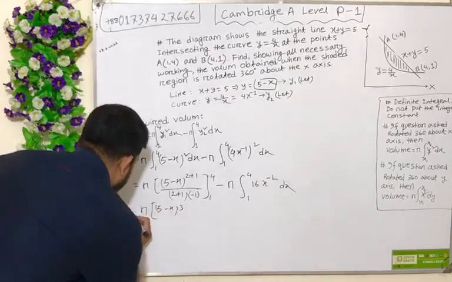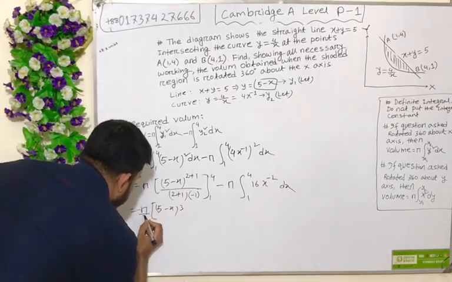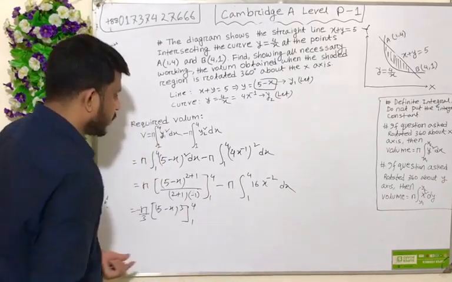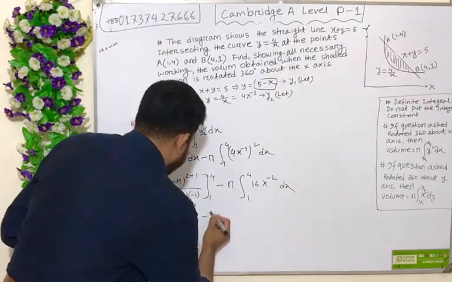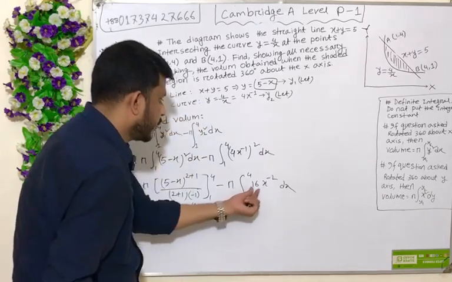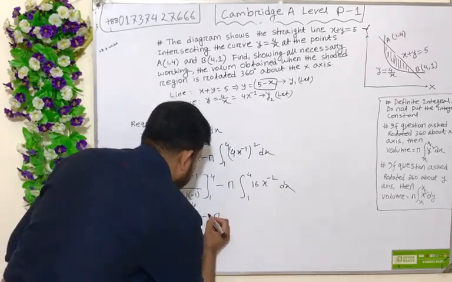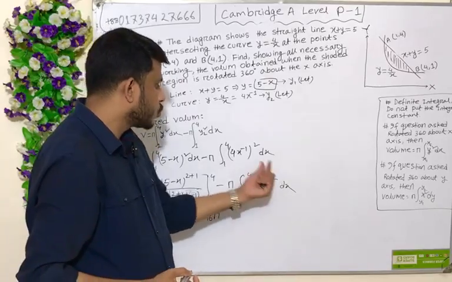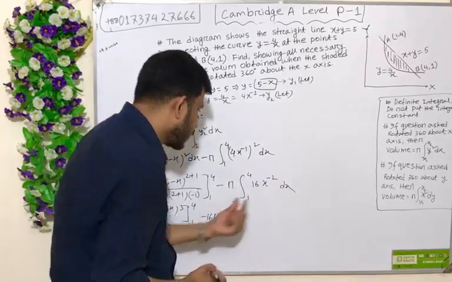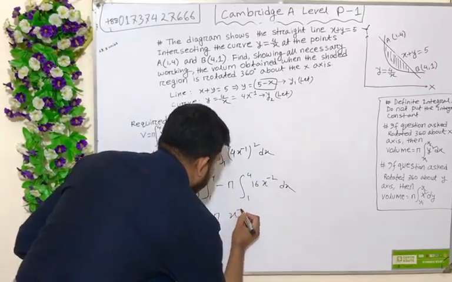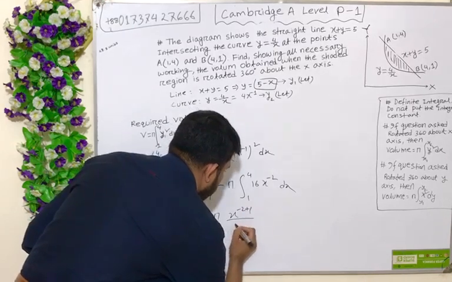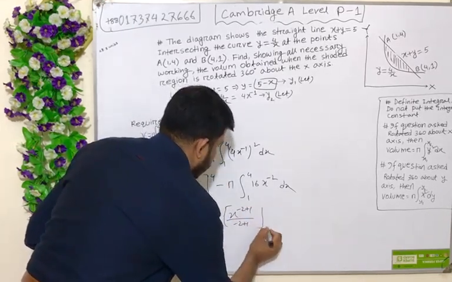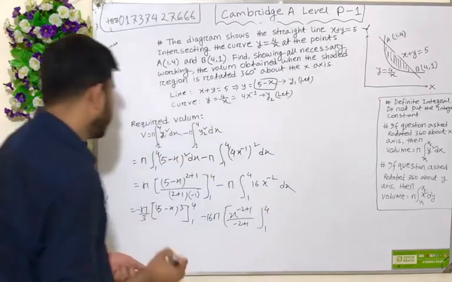If we want, we can write the minus 3 outside of this, and there will be the limit 4 and 1. And this is minus pi, and you can write this 16 outside here, 16 and x inverse 2, right? If we integrate x inverse 2, it will be minus 2 added 1, and the total thing will be divided, and there will be the limit 1 to 4.